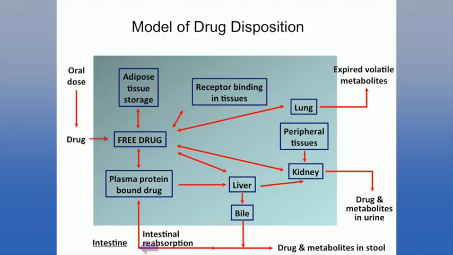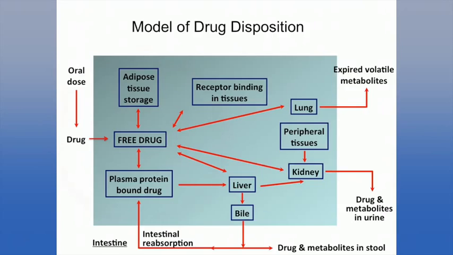And we will come back and talk about this at a later point in this series. Drugs from the liver can be sent to the kidney, can be sent back into plasma, can be sent essentially around the body.